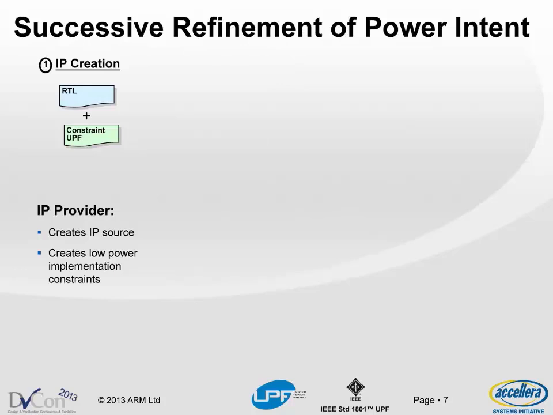I'm going to just very quickly repeat what Chi said about successive refinement, because I want to draw a reference to the interfaces here. So an IP provider creates the RTL and then creates some UPF that constrains the subsequent configuration of that RTL and limits the scope that the licensee can configure the RTL into.